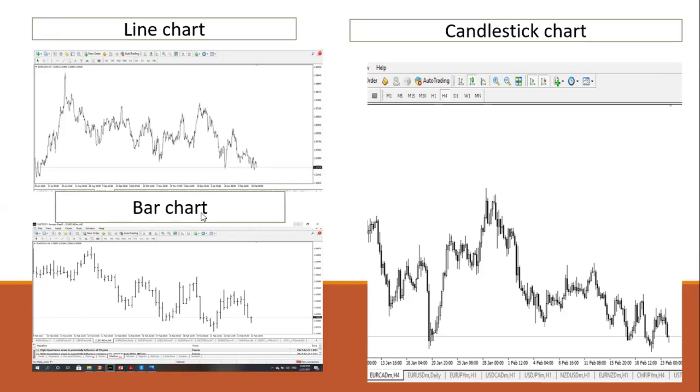We used to display, read or analyze data in mathematics, in the topic of statistics, using different types of charts.